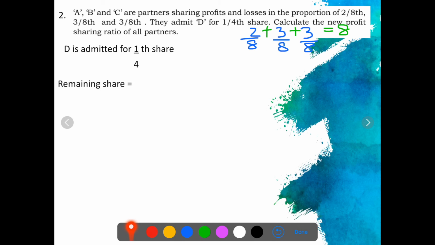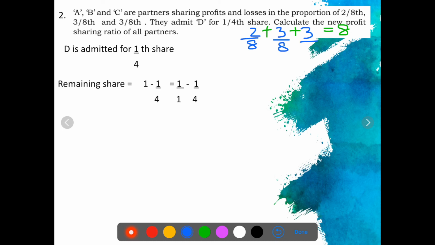That will be 1 minus 1 by 4. Why 1? I have assumed 1 rupee is the share in profit, out of which 1/4 is given for D. So therefore I need to calculate the remaining share. So remaining share, for you to understand, I have just written as 1 minus 1 by 4.